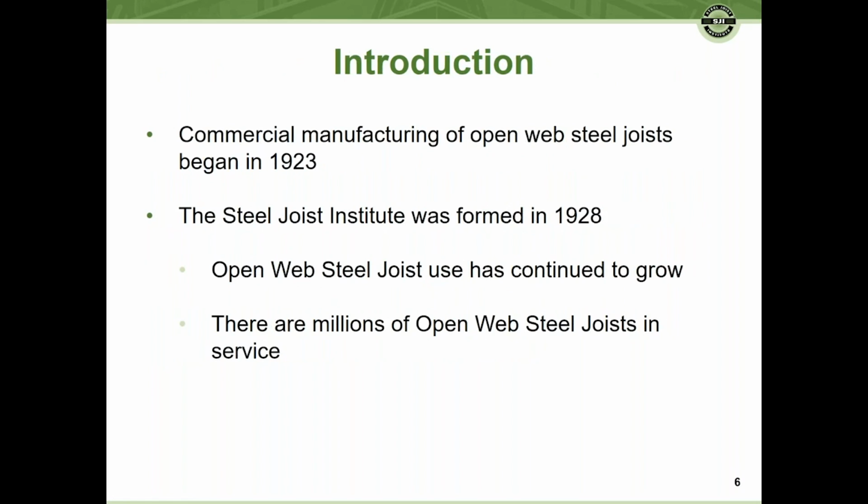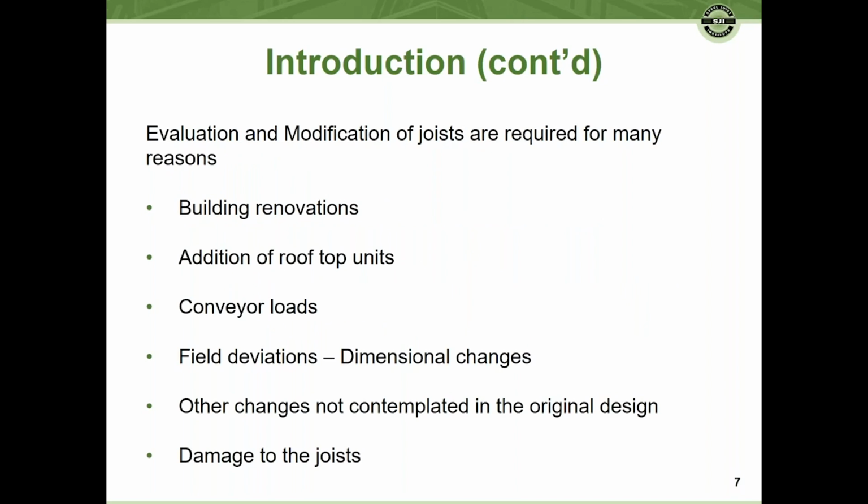As an introduction, commercial manufacturing of open web steel joists began in 1923. The Steel Joist Institute was formed in 1928 and has continued to grow, and there are millions of open web steel joists in service today.